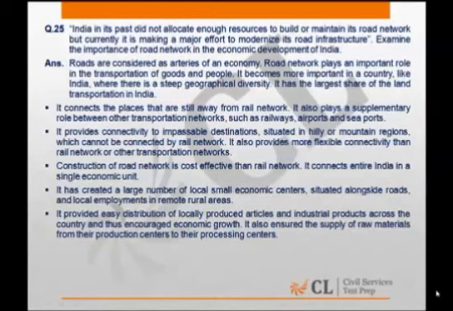Apart from the major road networks, India is also developing different corridors like the Delhi Mumbai trade corridor, the freight corridor and the green corridors. So here lies the development and future.